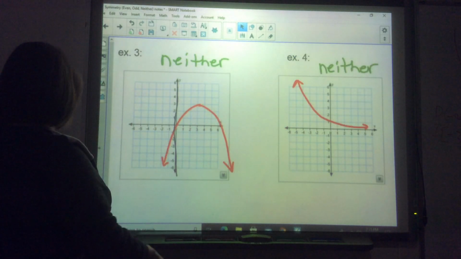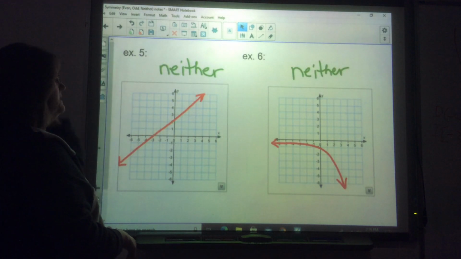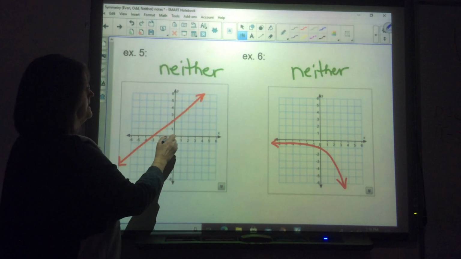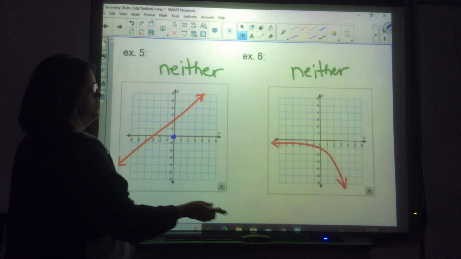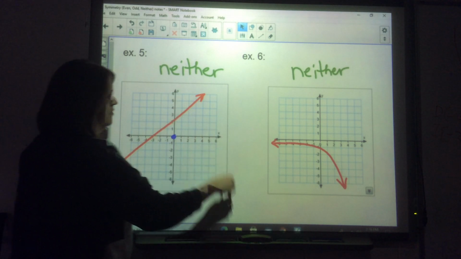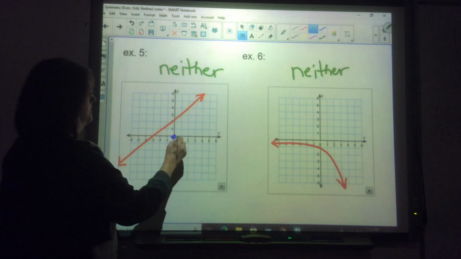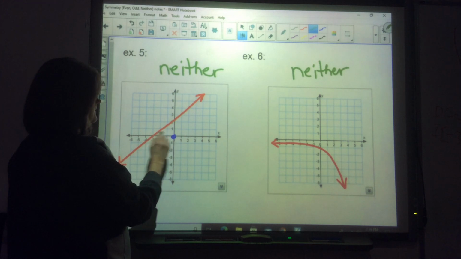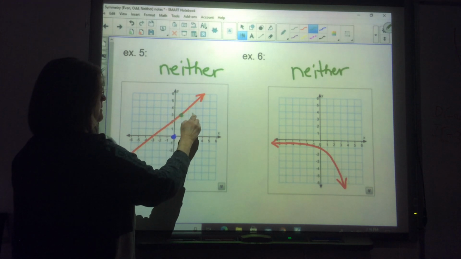Okay, so that one's neither. All right, this one is neither. This is what I was discussing. This is a linear function, but it is not going through 0, 0. You cannot spin this one upside down and it land on itself. Your opposite x values do not have opposite y values. If you look here at 1, you've got the point 1, 3.